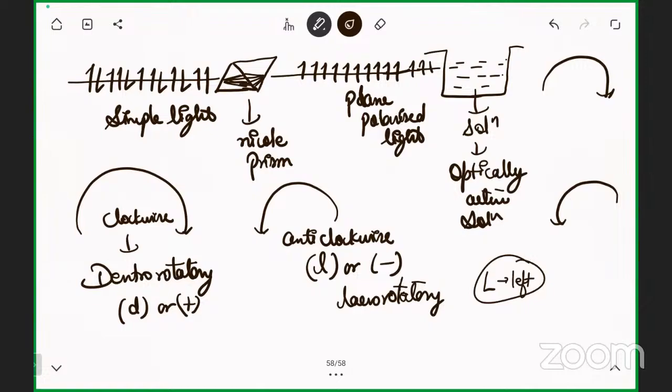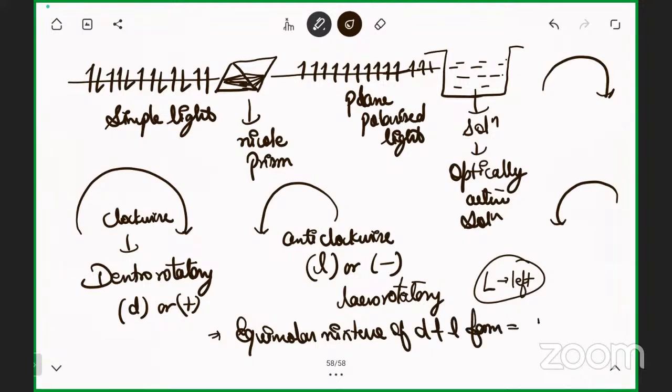So some definitions you have to remember: an equimolar mixture of D and L form is known as racemic mixture. It is denoted by DL or plus minus sign.